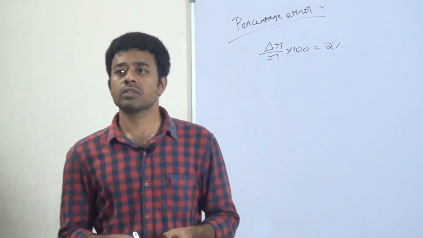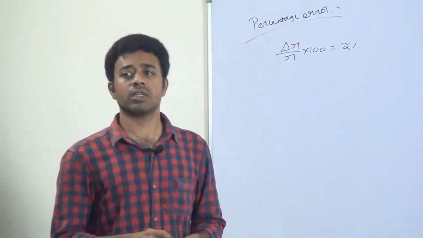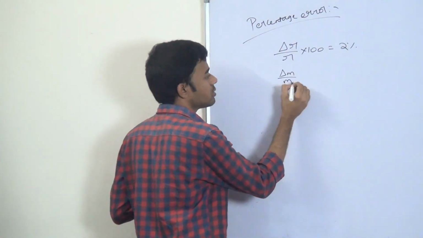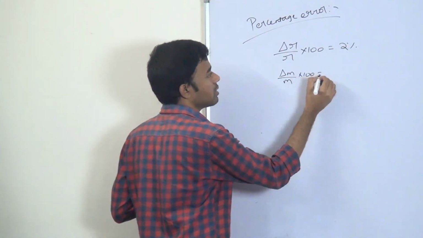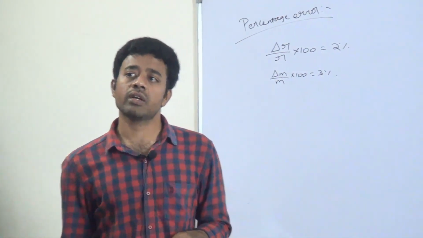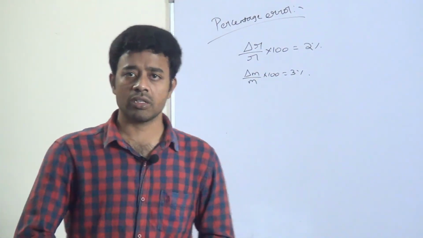And the error in finding the mass is 3%. Delta m by m into 100 is 3%. Then find the error in calculating the density of material rho.